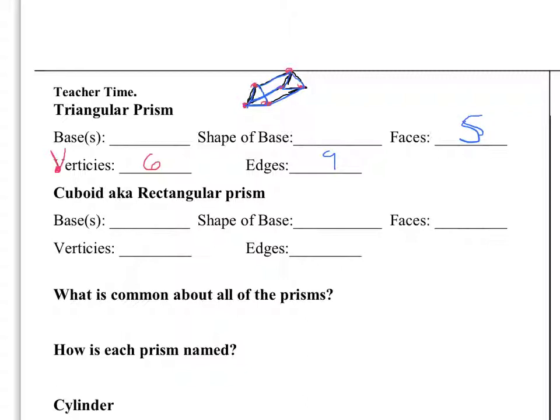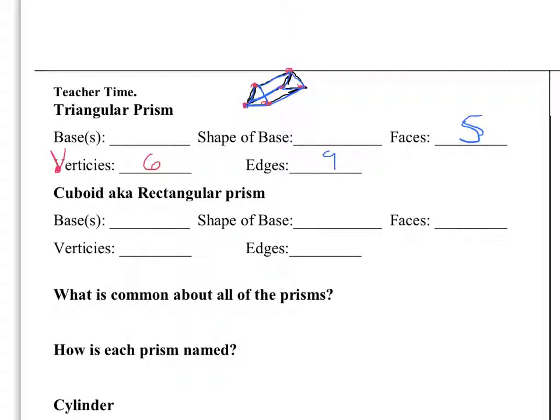Now the last thing that we have to talk about are bases. Bases are just special faces. Okay, so they're flat surfaces as well. They're just special. What's special about them is that they have the exact same shape directly across from them, or a vertex directly across from them.